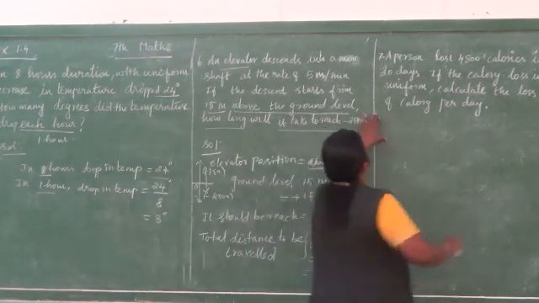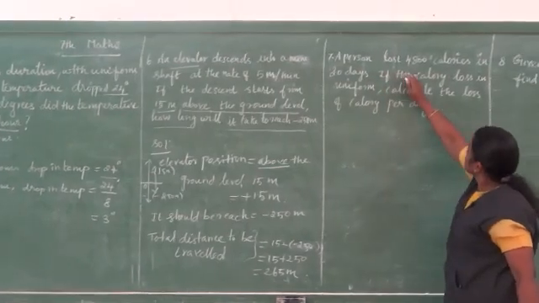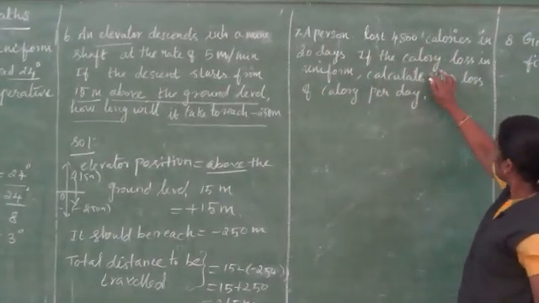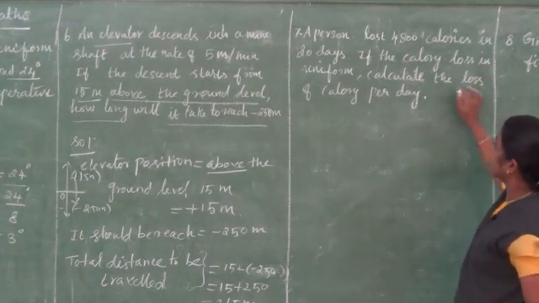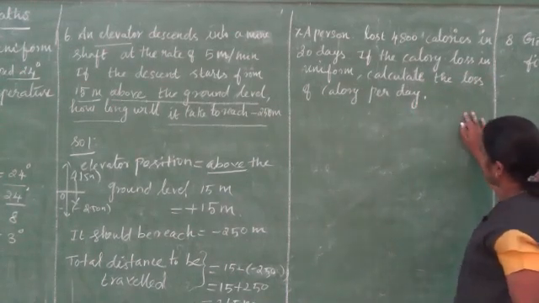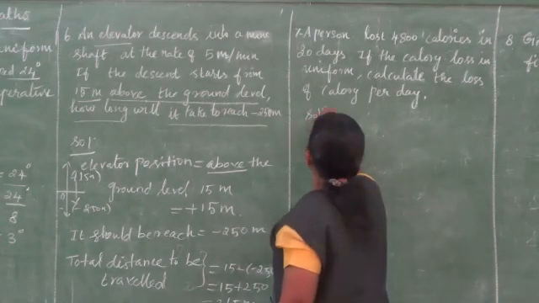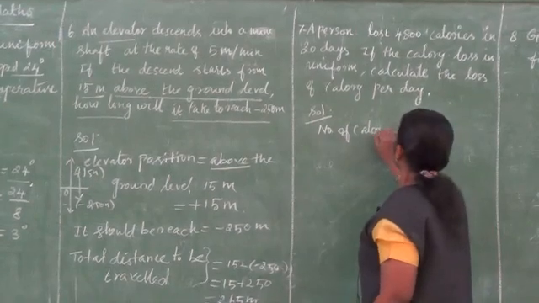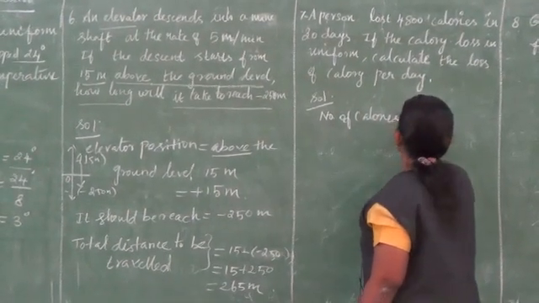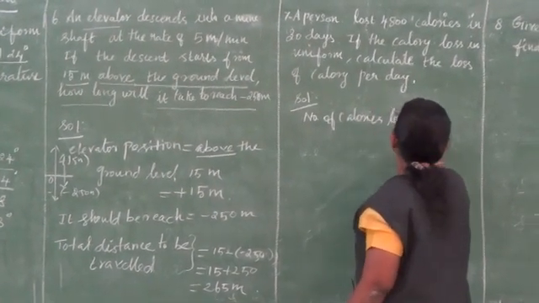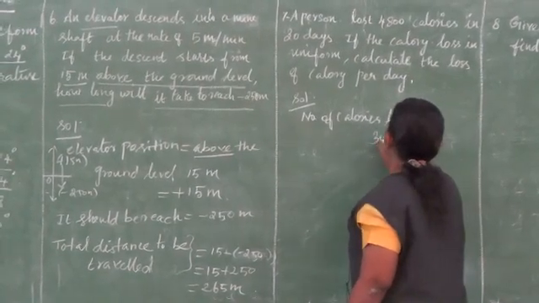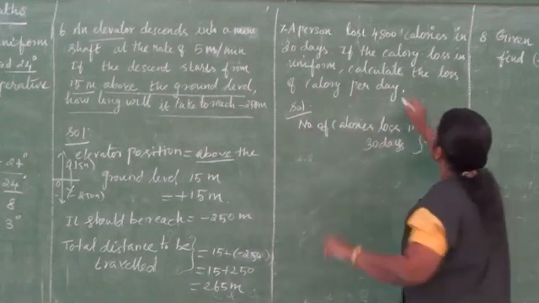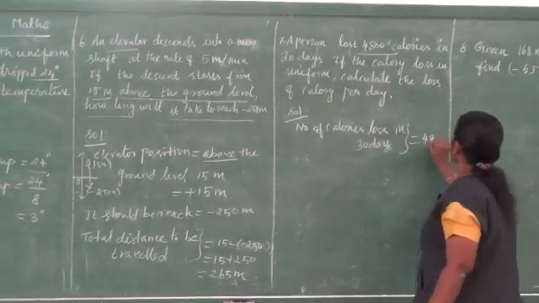Now the 7th one: a person lost 4800 calories in 30 days. If the calorie loss is uniform, calculate the loss of calorie per day. So how to find out? The calorie loss in 30 days is given as 4800.